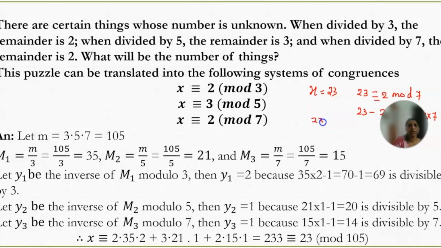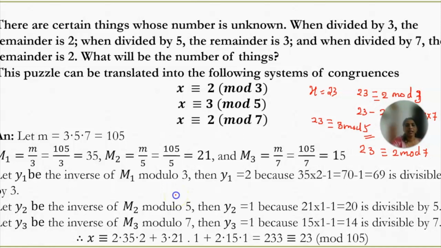Similarly, 23 is congruent to 3 mod 5 because 23 minus 3 is 20, which is divisible by 5. Similarly, 23 is congruent to 2 mod 7 because 23 minus 2 is 21, which is divisible by 7.